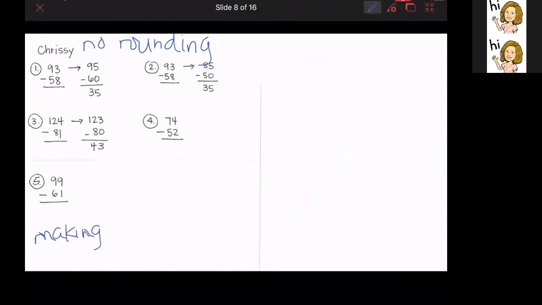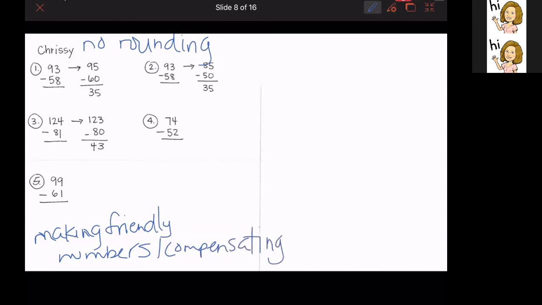Friendly numbers or compensating is another way, because this idea that you're adding, right, using the identity property of adding some and taking away others, that's where we can get this idea of compensating. Or compensation for the noun.